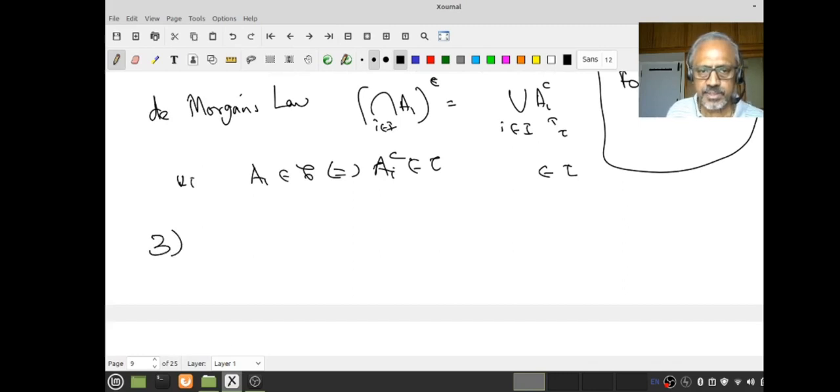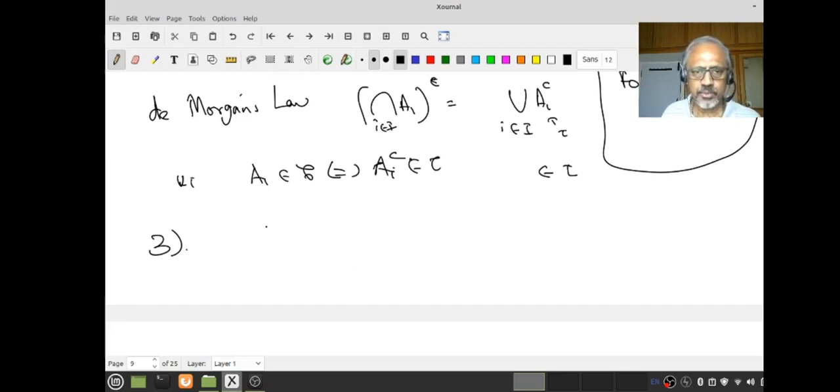And what should be the third condition? There, what did we do? Take 2 open sets U and V, that is U and V elements of tau, then U intersection V is again in tau, or a finite collection U1, U2, ..., Un in tau, then U1 intersection U2 intersection ... Un is in tau.